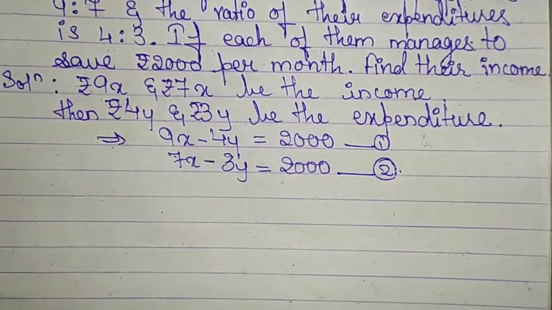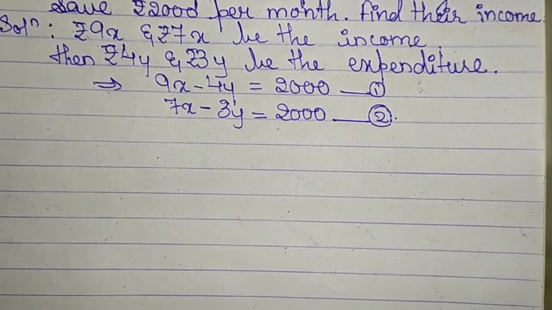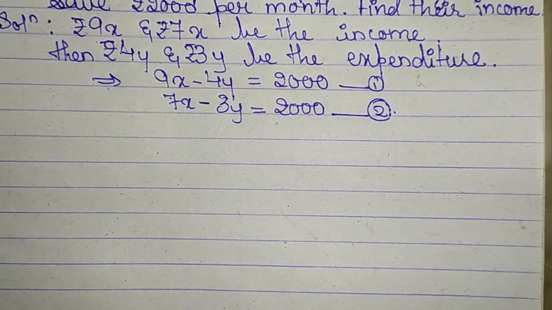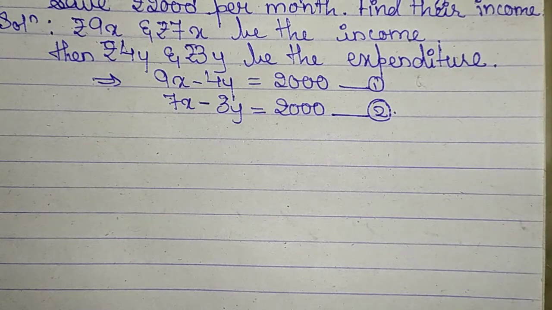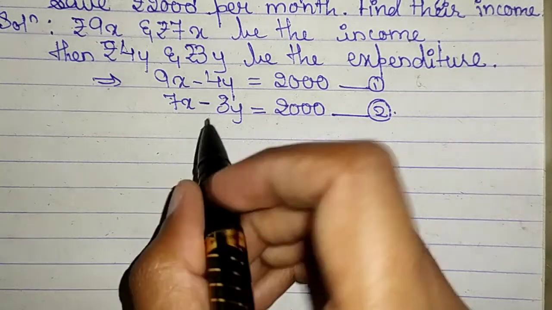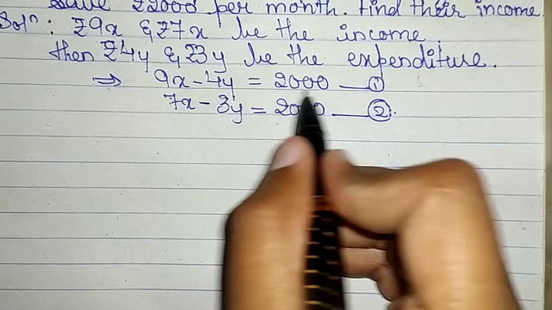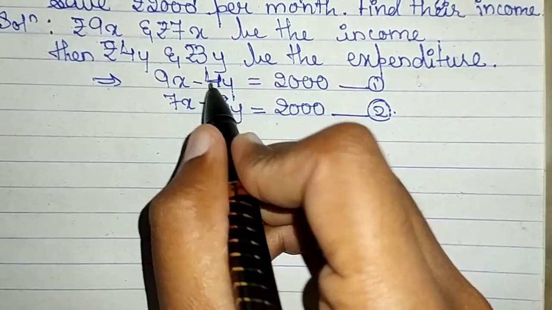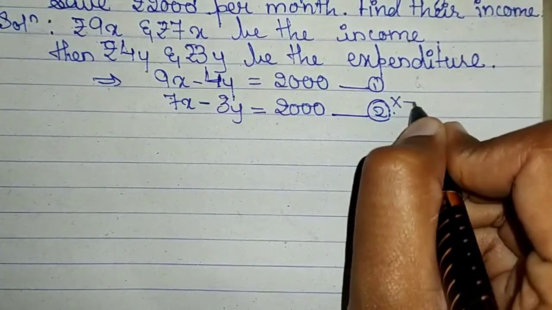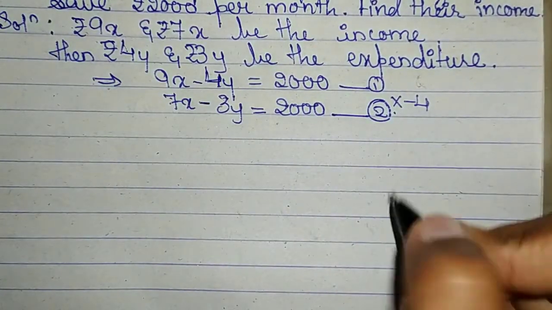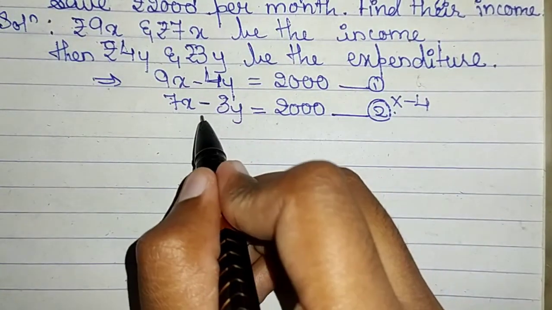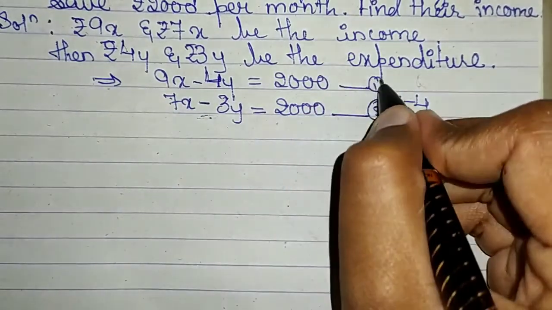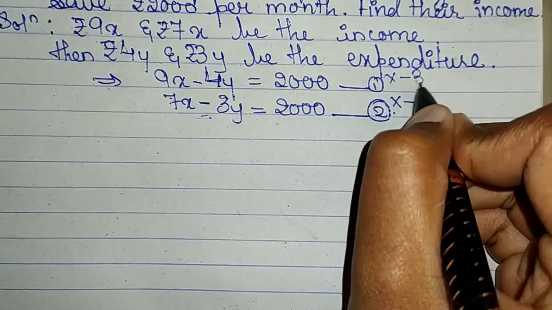So now let us solve these two equations algebraically using the elimination method. Here let us eliminate the y variable. In the first equation, the coefficient of y is -4, so multiply -4 to the second equation, and in the second equation the coefficient is -3, so multiply -3 to the first equation.